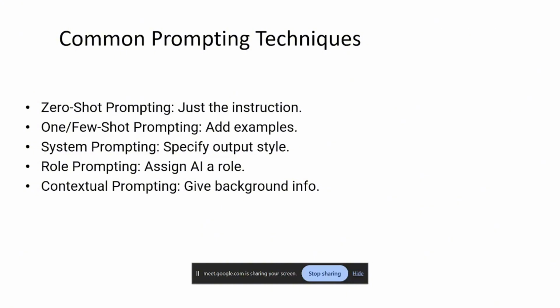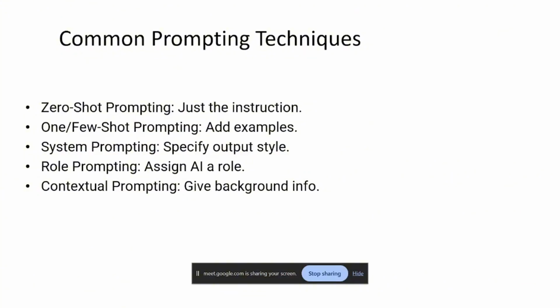So let's dive deeper into the techniques for prompt engineering. We have one called zero-shot prompting. This is where you go to GPT or DeepSeek and you just give it instructions on what you want it to do for you. Then we have one-shot or few-shot prompting.